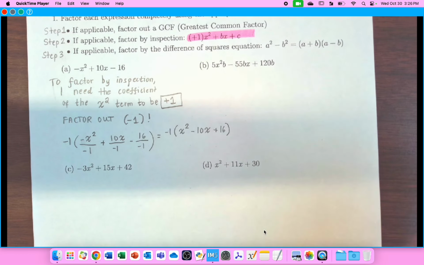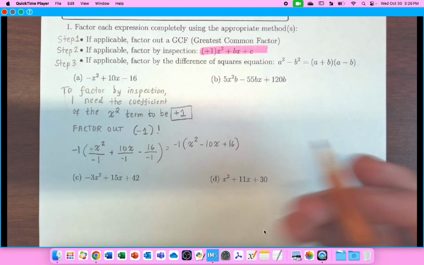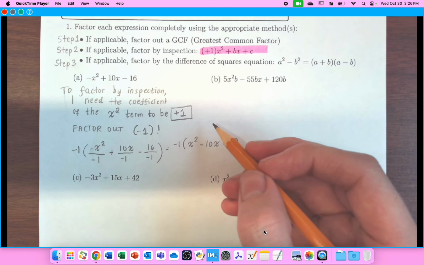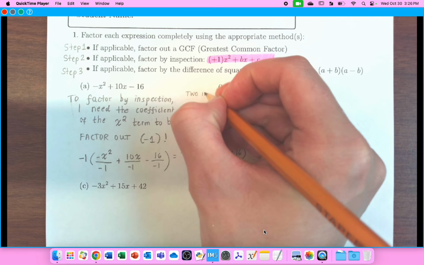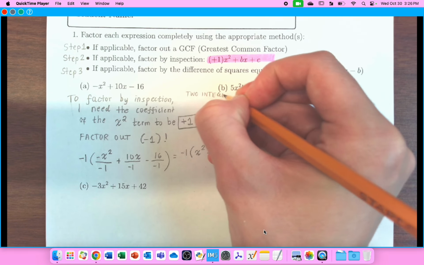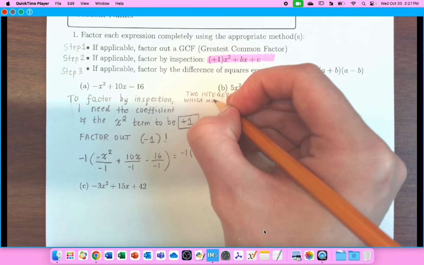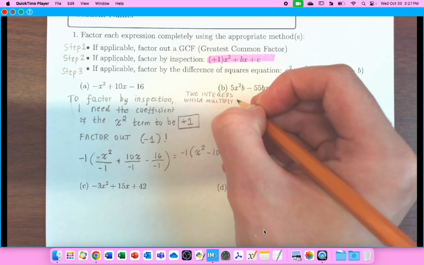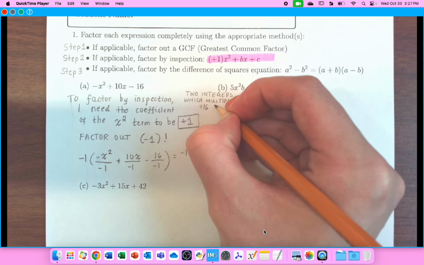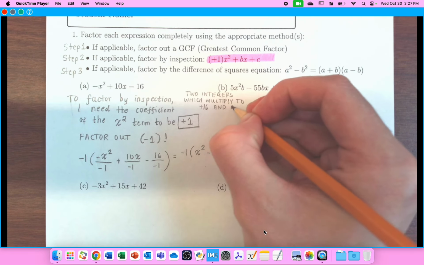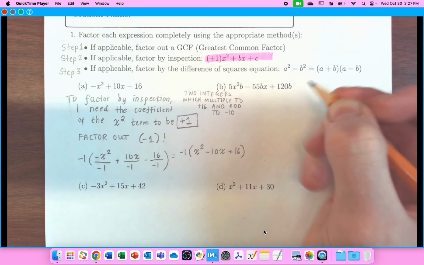Okay, finally, now we are actually in a place where we can factor by inspection. So I want 2 integers which multiply to +16 and add to -10.